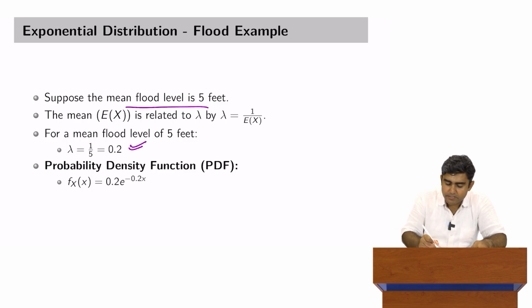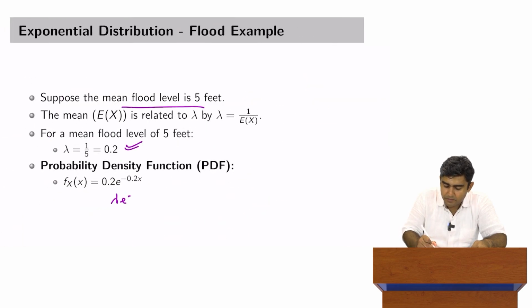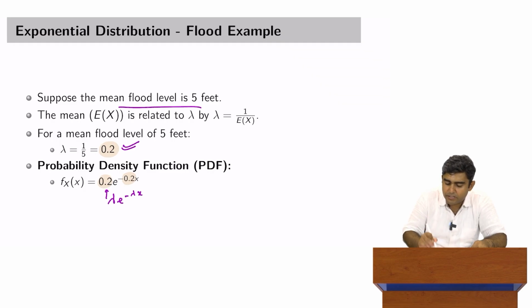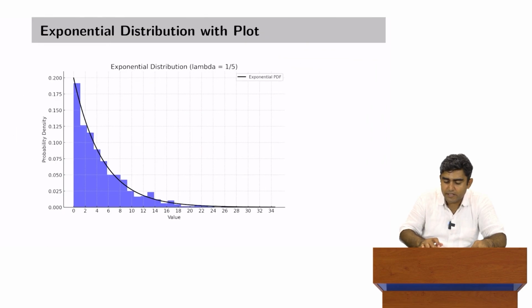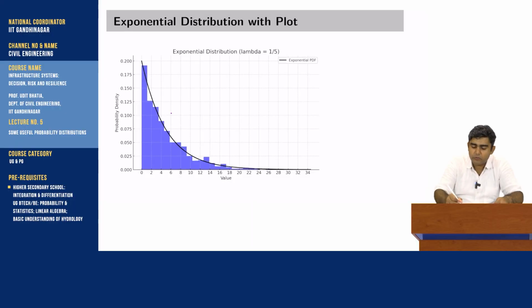Probability distribution function in this case is given by lambda e to the power minus lambda x. Since lambda is equal to 0.2, we substitute lambda wherever we have to, and we get f(x) as 0.2 e to the power minus 0.2x. And when we plot this particular exponential distribution for lambda equal to 1 by 5, we get an exponentially decaying function.